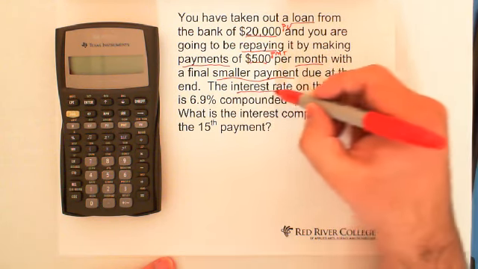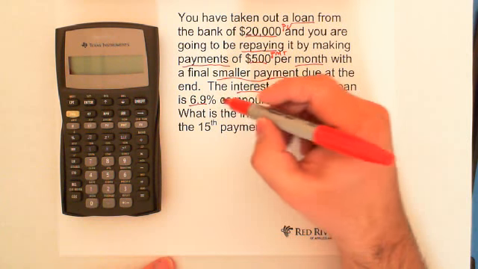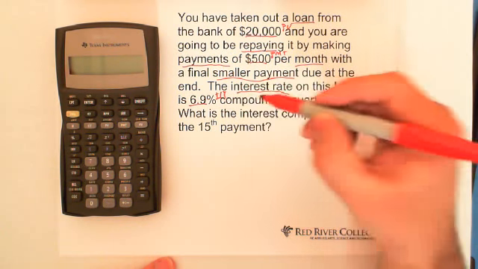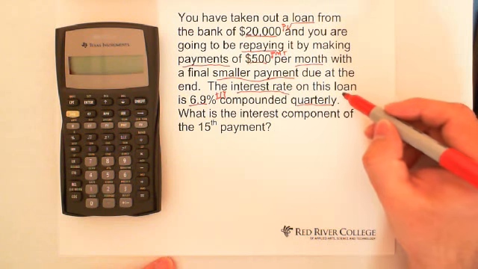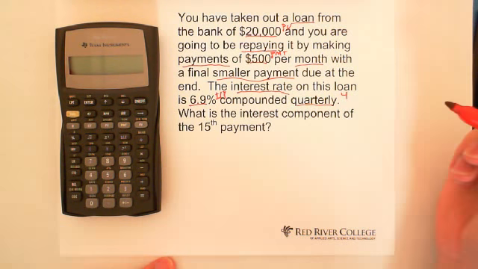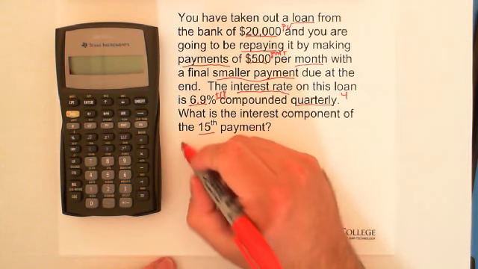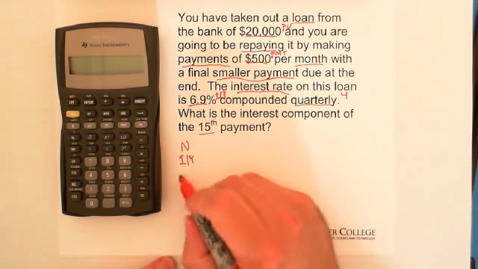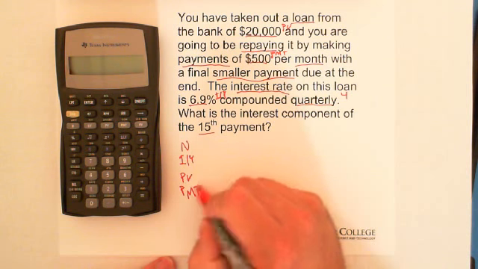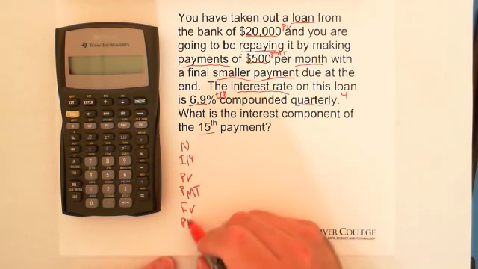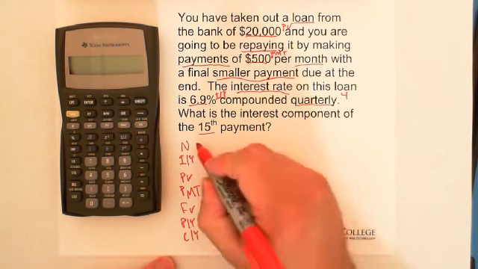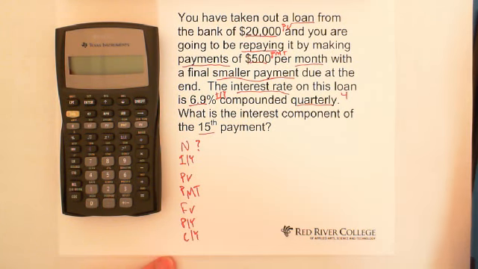The interest rate on this loan is 6.9%, so this is our I/Y, compounded quarterly. So before we can get to the interest component of payment number 15, first thing we have to do is find n, because there's no time given anywhere in the question.